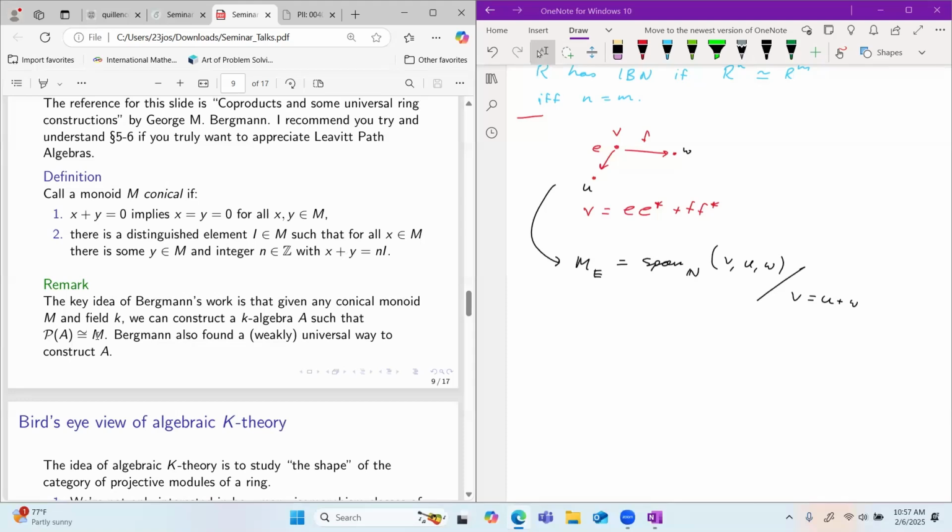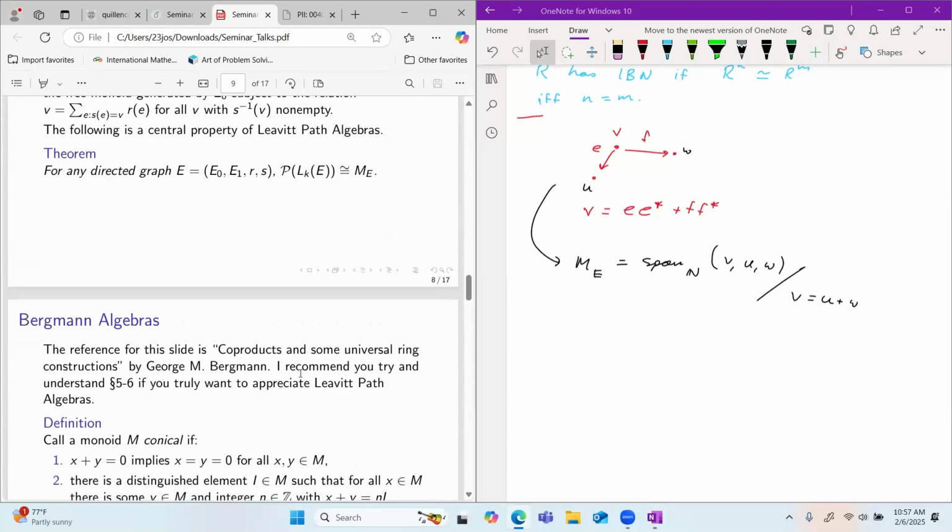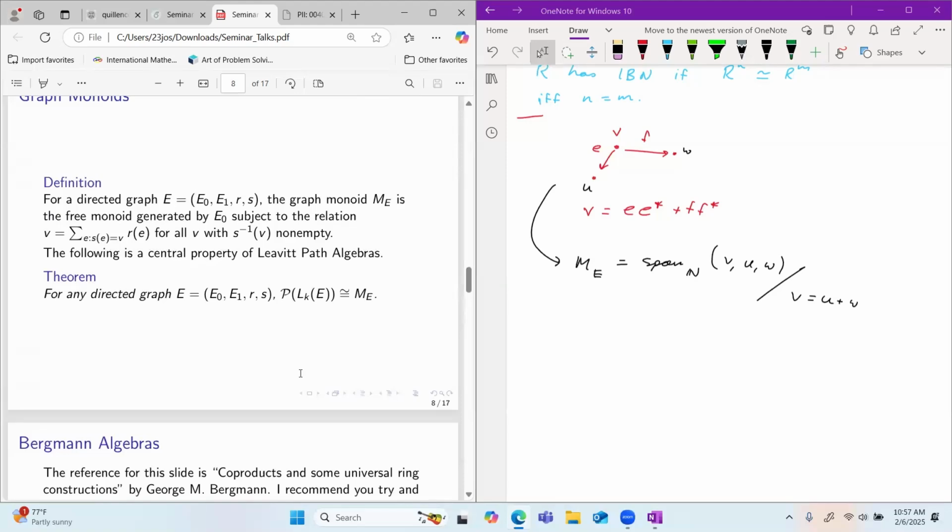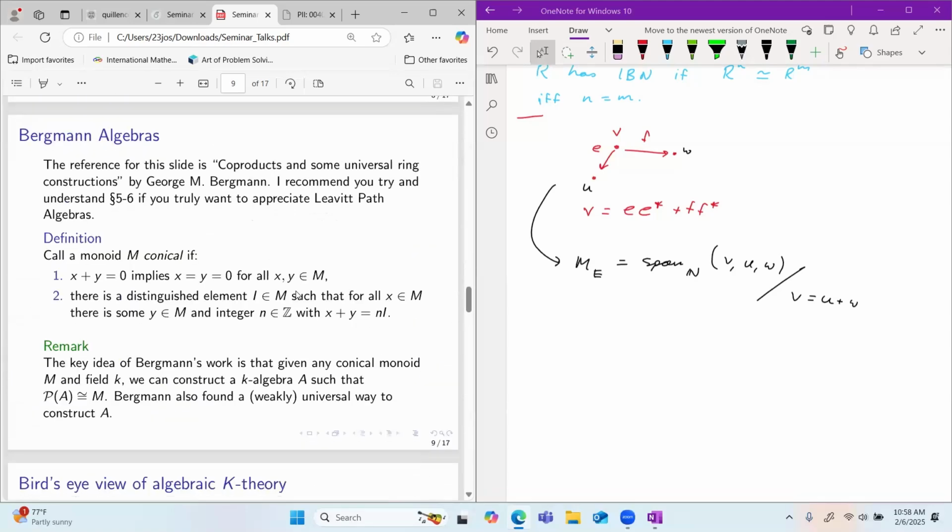And his methods also gave you a weakly universal way to construct such an algebra. And the idea here is that if you apply his technology to this graph monoid, you will get the Leavitt path algebra. So this gives us a nice weakly universal property of what the Leavitt path algebra is.